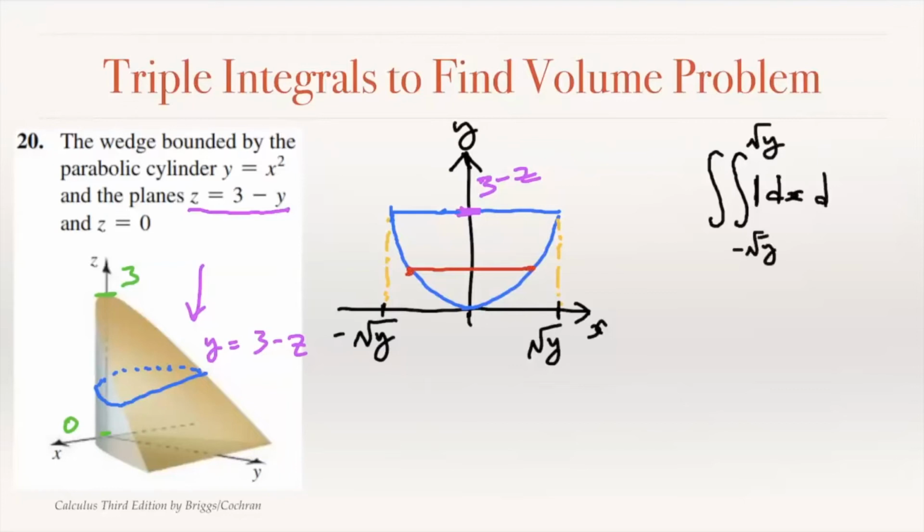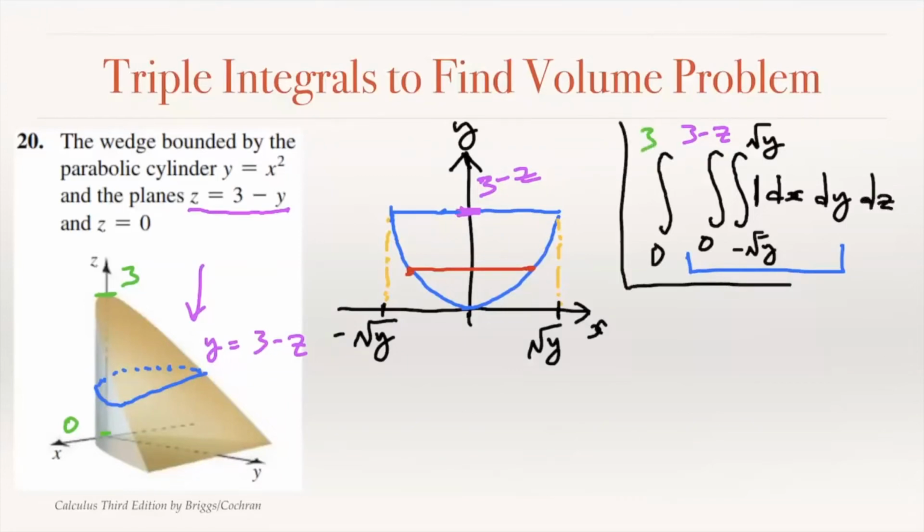And then dy, we're going from 0 up to 3 minus z. This guy is the double integral over this slice at a given z. And then finally, z goes from 0 to 3. So that is one way of setting it up.